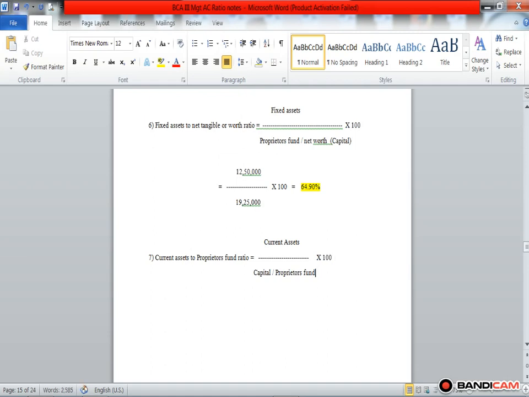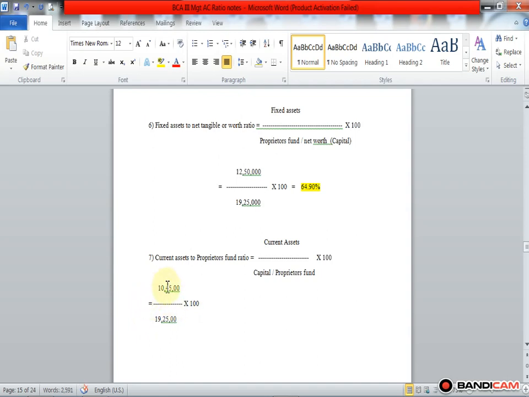Okay, so put the figures in the formula. Here we find the total current assets. So total current assets is equal to 10,45,000 divided by proprietors fund 19,25,000, multiplied by 100.